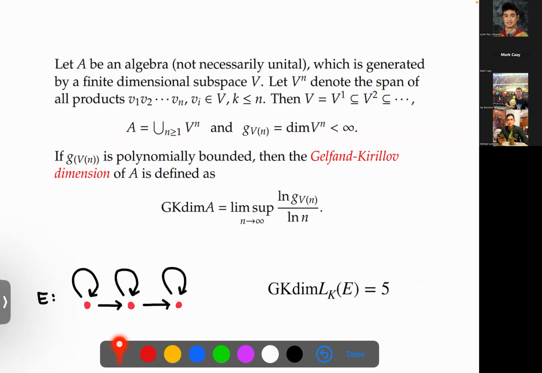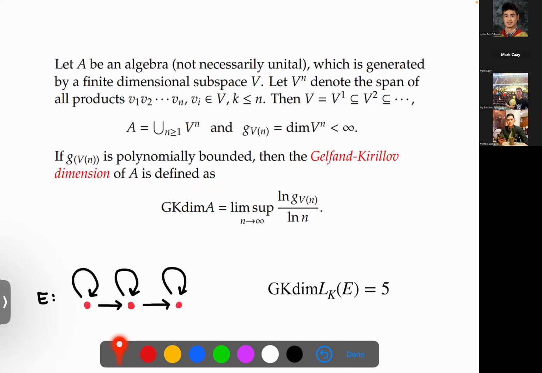Now, before we go further, I will define the so-called Gelfand-Kirillov dimension. But again, I don't like these things here. Personally, because I'm an algebraist, I don't like seeing limits. I'm so sorry for those who are in analysis. But basically, Gelfand-Kirillov dimension is taking the limit of some sequence.